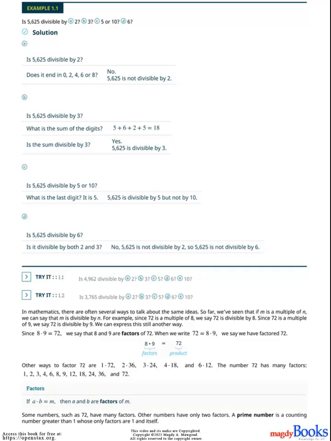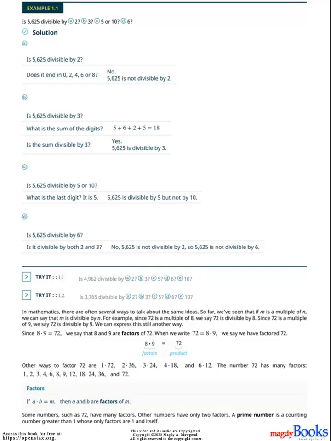We can express this still another way. Since 8 times 9 equals 72, we say that 8 and 9 are factors of 72. When we write 72 equals 8 times 9, we say we have factored 72. 8 and 9 are the factors. 72 is the product.